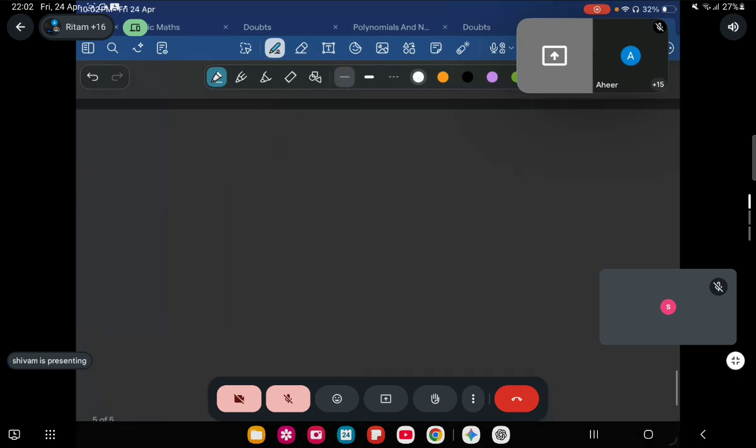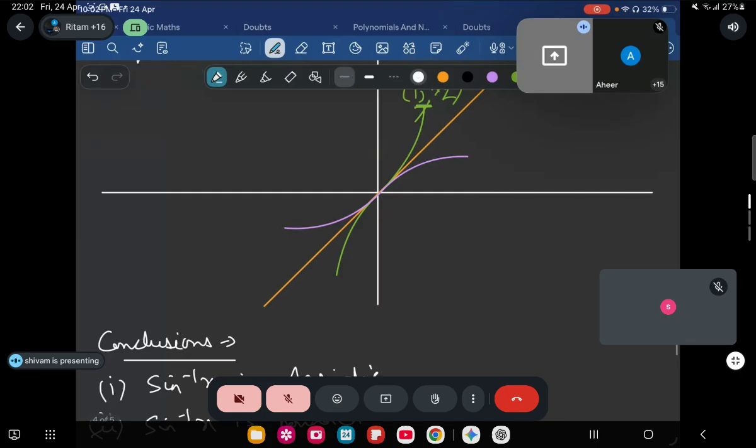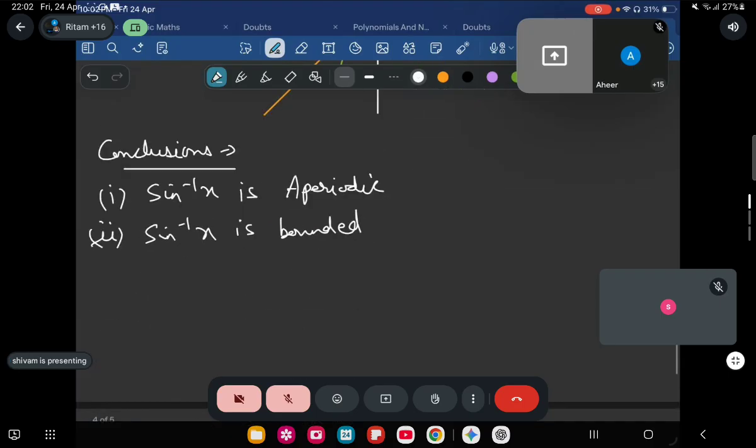Next. Is it even or odd function? By looking at the graph, what do you think? Is it even, odd, or none? Tell me, everyone. It's an odd function, right? Next.